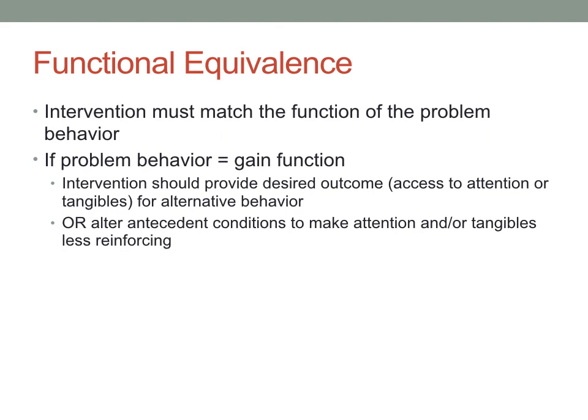Or you can alter antecedent conditions to make attention or tangible less reinforcing, which means that by changing the antecedent condition, the value of the consequence, the reinforcer, decreases. We will talk about this later.